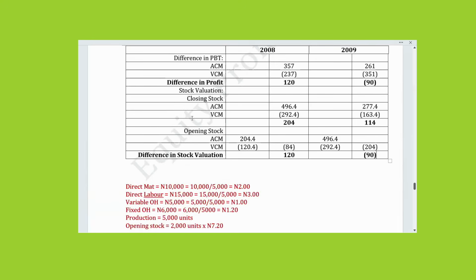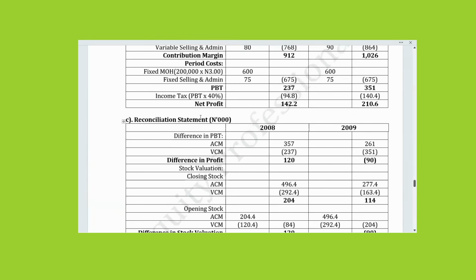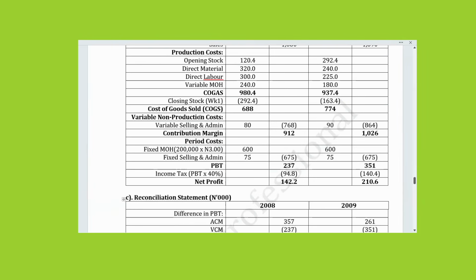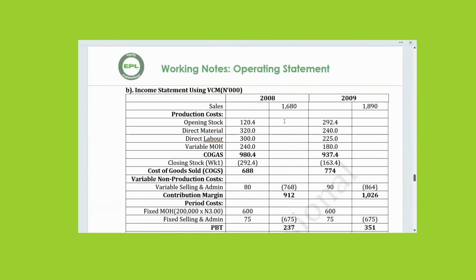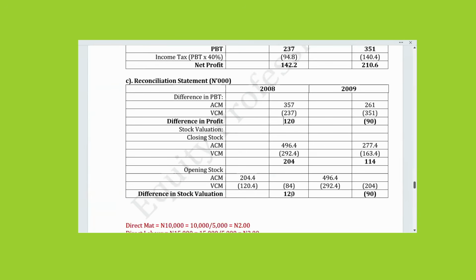Let me know if you have any question for me so that we can solve one more illustration. It's not more than that. You will notice that difference in profits in 2008 equals difference in stock valuation. In 2009, difference in profits also equals difference in stock valuation.